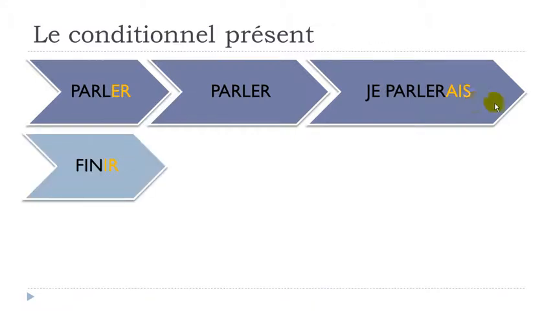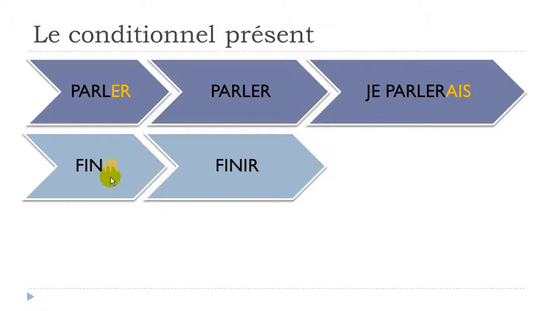Second group, so verbs ending with ir. Be careful, not all the verbs ending with ir, but a quite decent amount of them belong to the second group. But then still, it will be quite easy because it is exactly the same way.